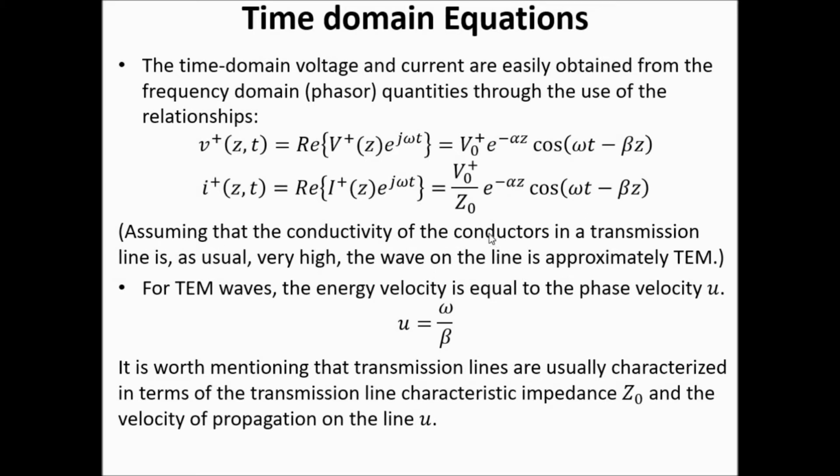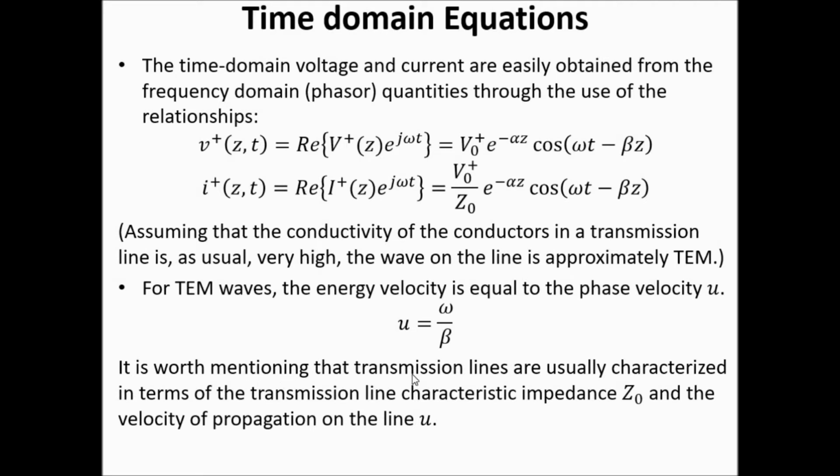Assuming that the conductivity of the conductor in a transmission line is, as usual, very high, the wave on the line is approximately TEM. We also can find the energy velocity or the phase velocity u by using this formula, omega over beta.